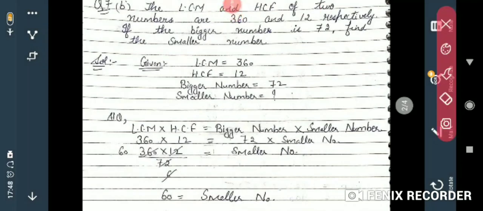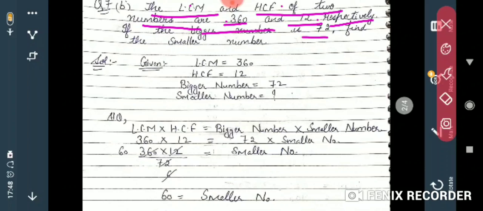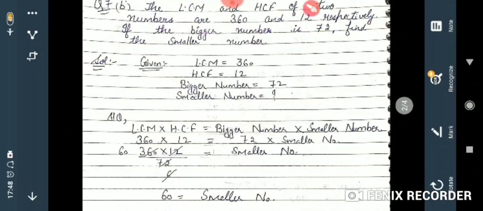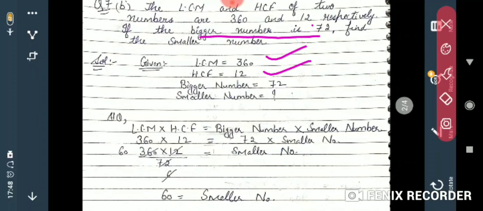Now next question. The LCM and HCF of two numbers are 360 and 12 respectively. So the LCM is given 360 and the HCF is given 12 of two numbers. If the bigger number is 72, find the smaller number.